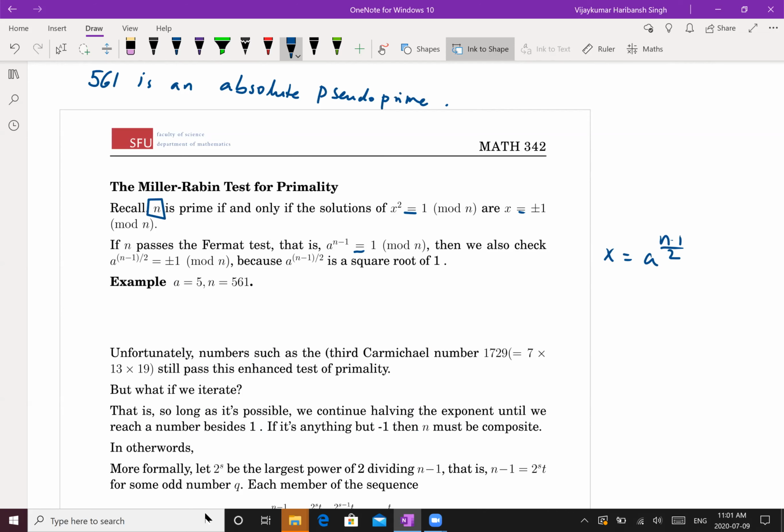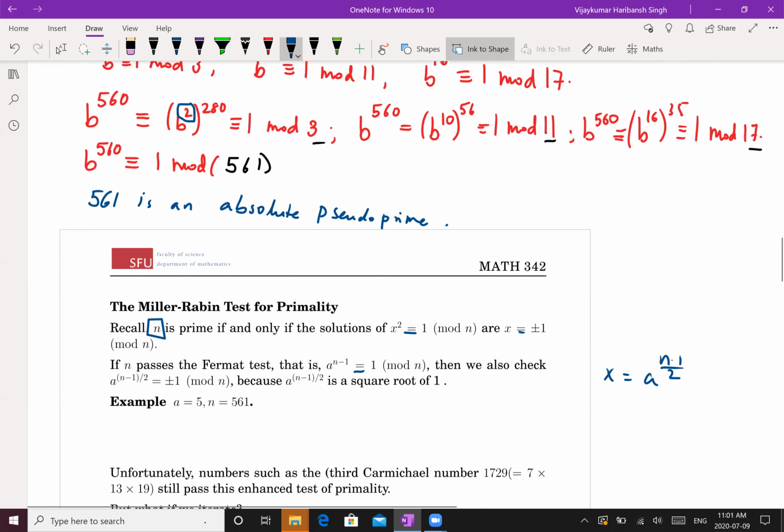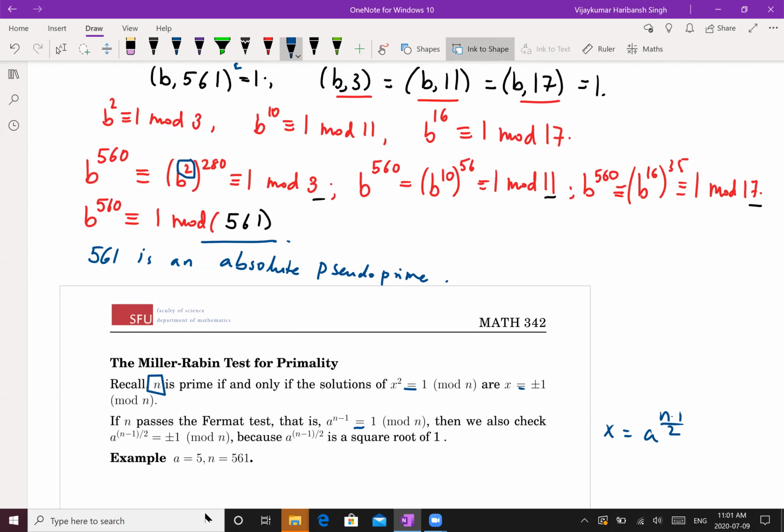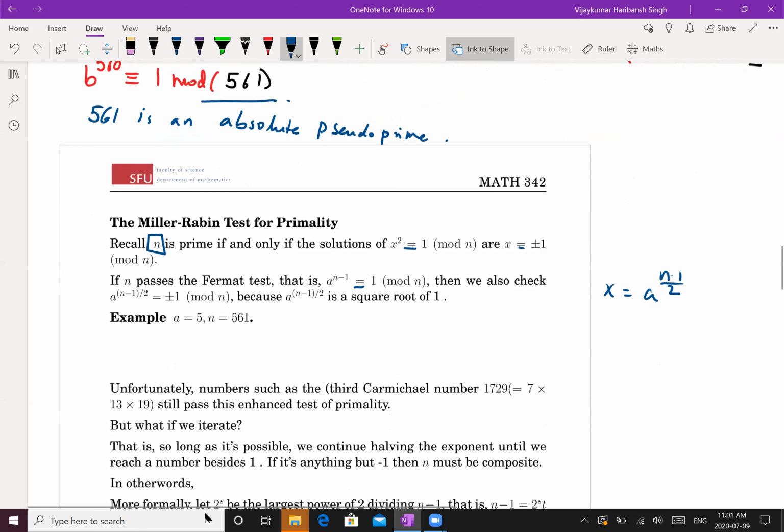We have already seen that 561 is a Carmichael number. So 5 to the power 560 is going to be congruent to 1 mod 561.